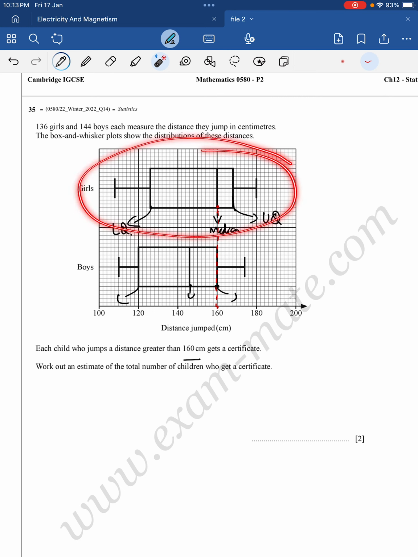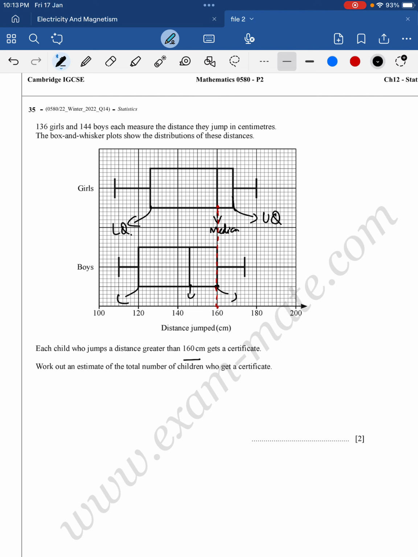Greater than 160 means the remaining portion after the median. That is the number of data we are required to calculate.